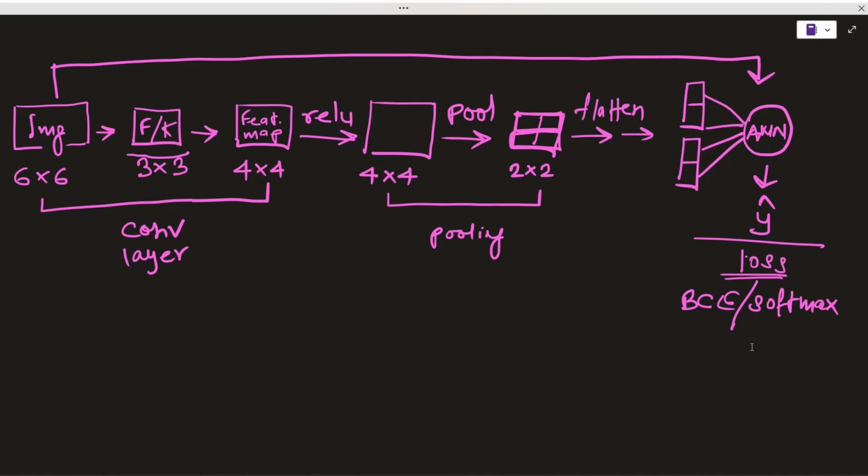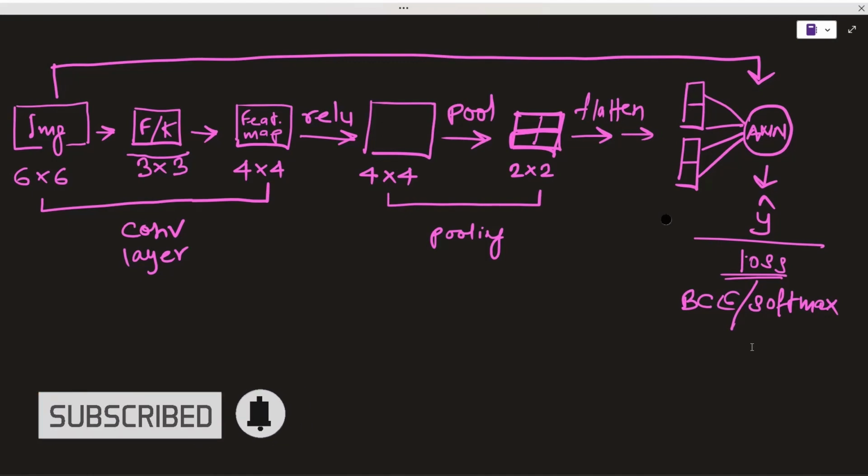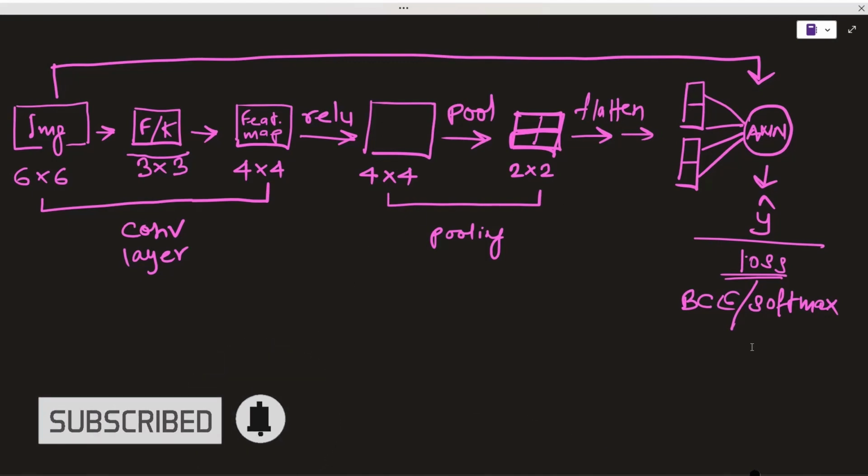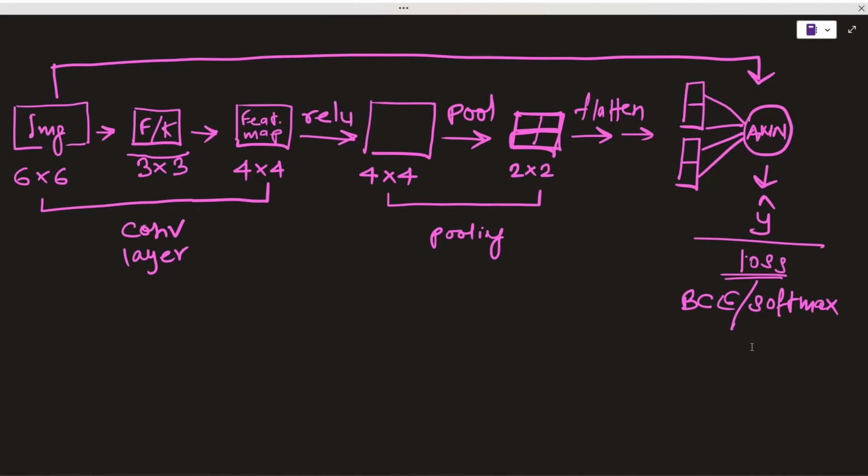So as a next step, backpropagation will happen in order to adjust the values of all the trainable parameters. And before we understand that, let's first understand how many trainable parameters we actually have within this particular architecture. So the parameters for which we need to adjust the values in order to reduce the loss are, first of all, all the values within this filter.